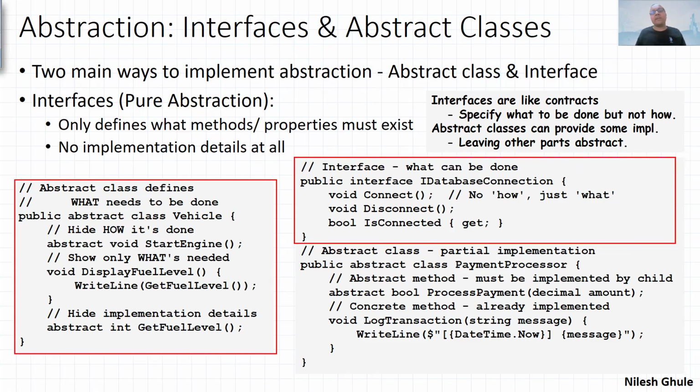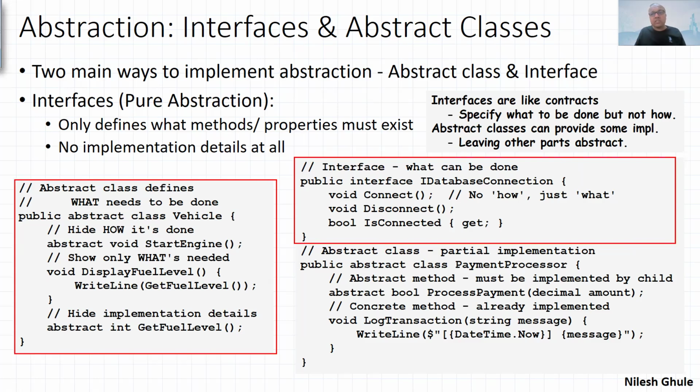In this interface, you never realize what entire logic is written behind the scenes for the connection or disconnection. It is only telling me what is supposed to be done, but not exactly how it is to be done.